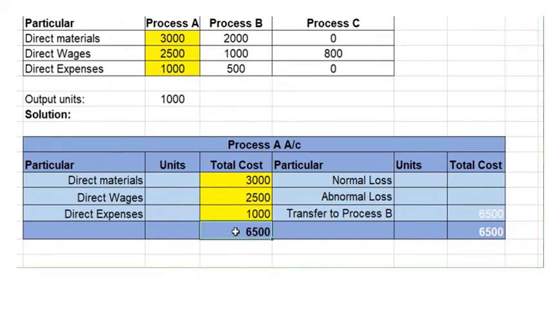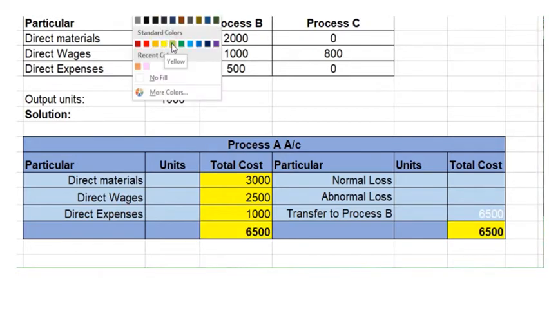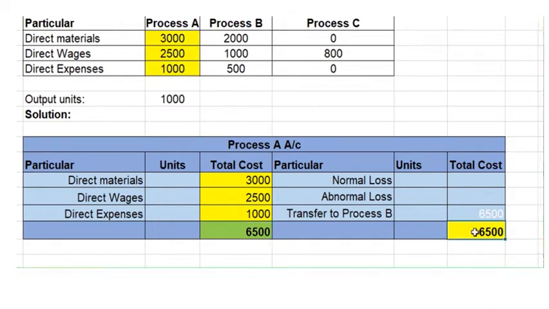So left hand side total is 6500. So that value has to be written on the right hand side because it is going to be balanced. So write this value here on the right hand side directly.